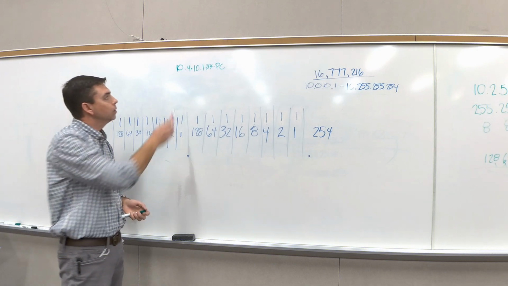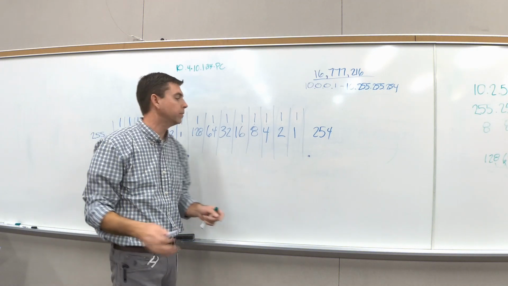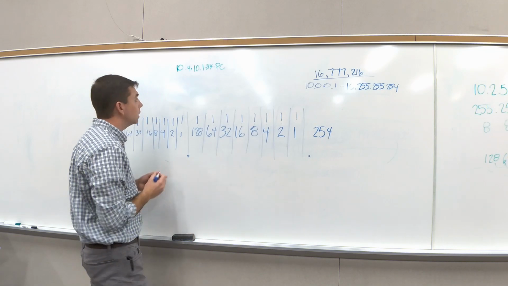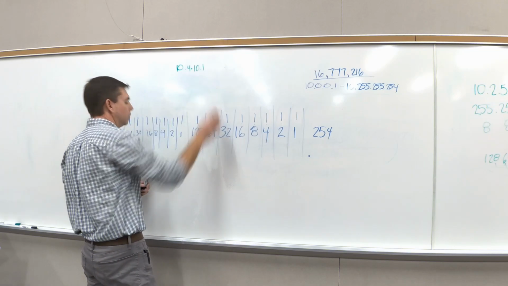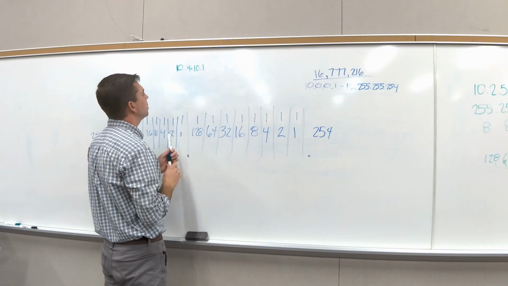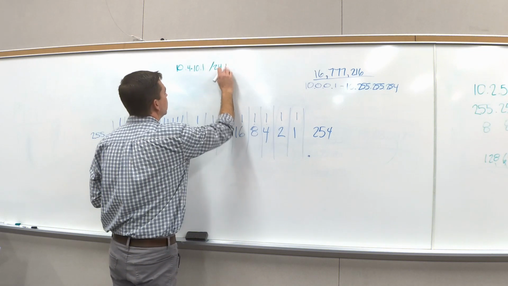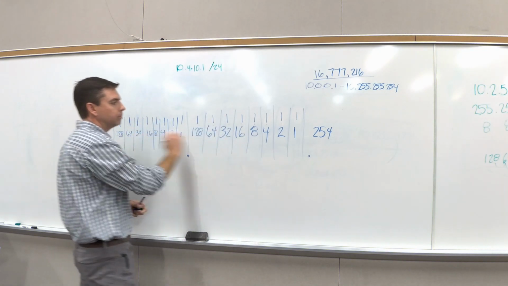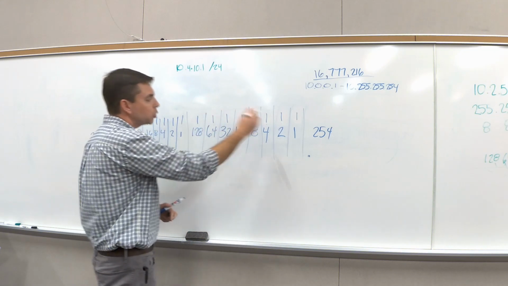the PC situation we were talking about where your PCs have grown to 500. All right, your PC range up here is a 24-bit subnet range. Okay, that means that you used up, like down here on our place value column system, you've used up 24 bits.